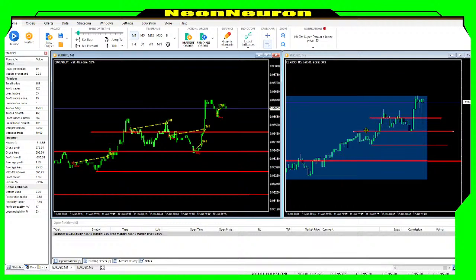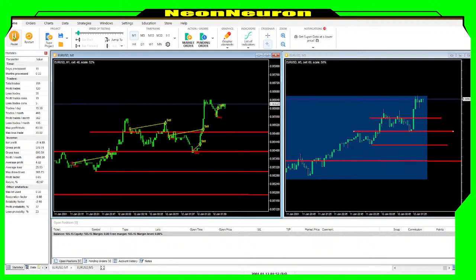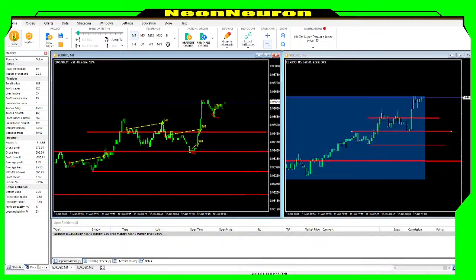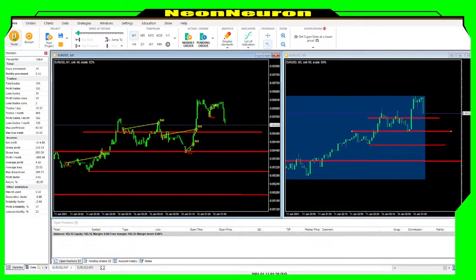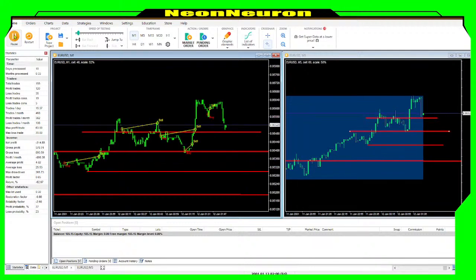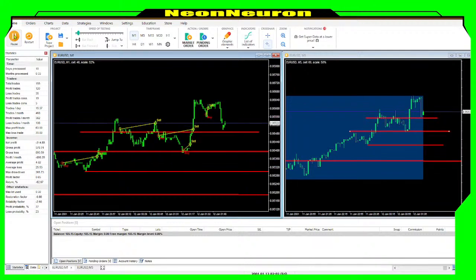And at this point, I'm going to start getting a little cautious. I'm going to start looking for a price reversal and watching for signs of stagnation. See if it starts to fade out. Something like this.